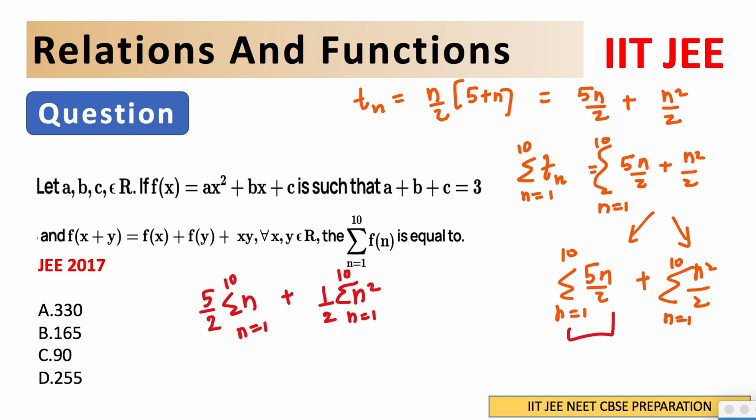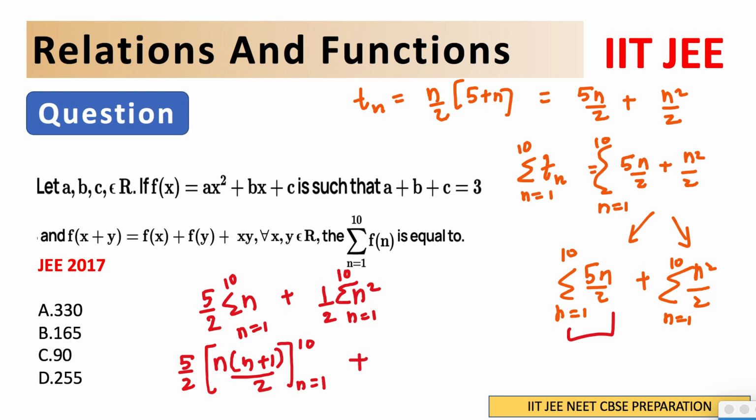Now summation of n, n is equal to 1 to 10, what will it be? Summation of n is n into n plus 1 by 2, and this is multiplied by 5 by 2.